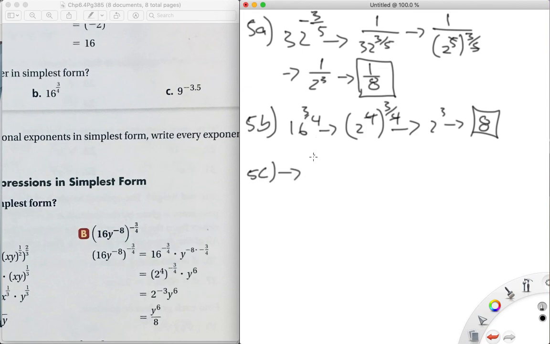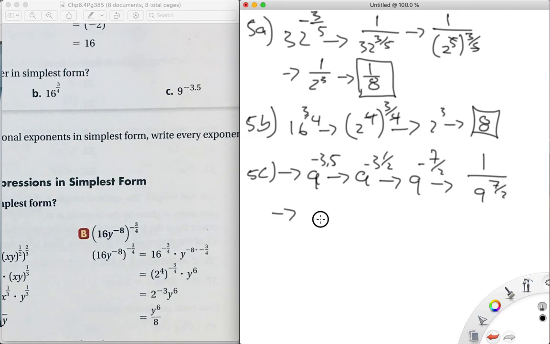So 5c is 9 to the negative 3.5, which is 9 to the negative 2 times 3 is 6 plus 1 is 7, 7 halves, which is 1 over 9 to the 7 halves. 9 can be considered 3 squared.